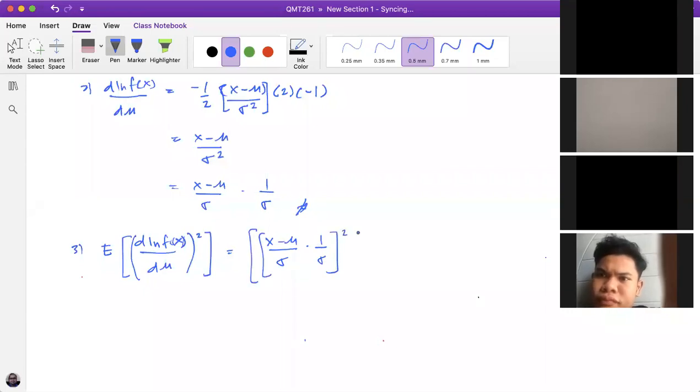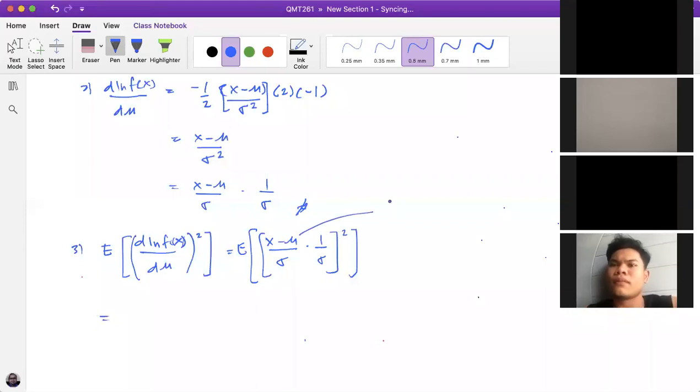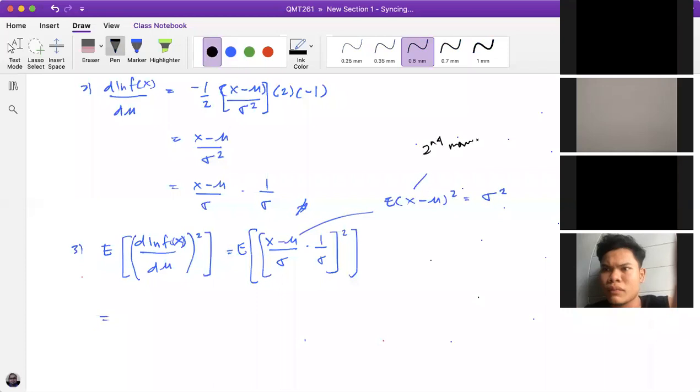So this should be the expected value of (x minus mu) squared, which is equal to sigma squared. This is based on the second moment about the mean.